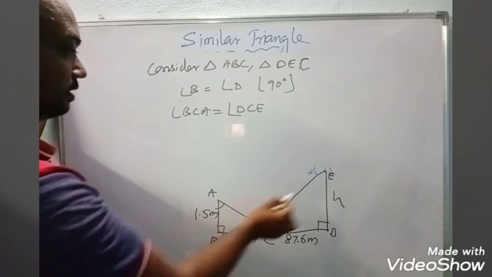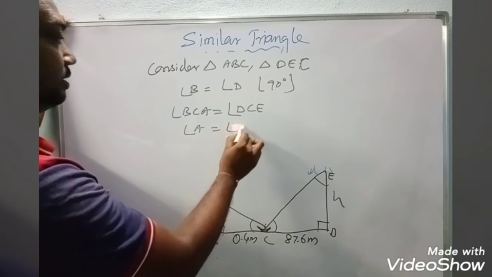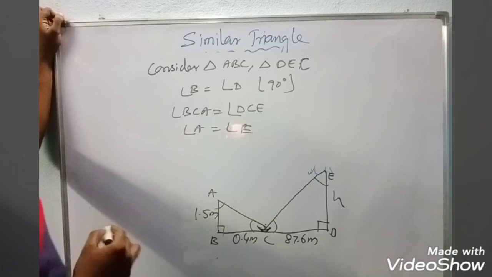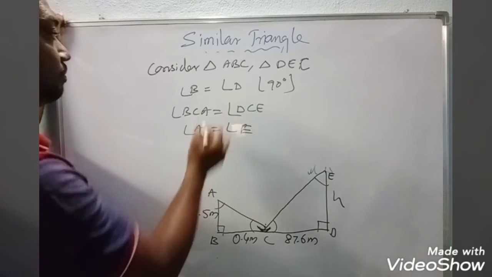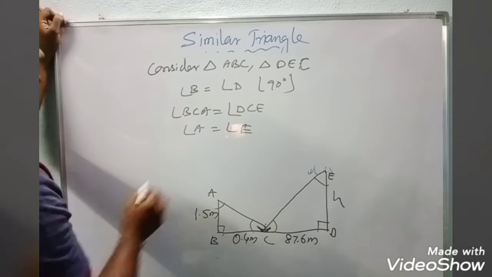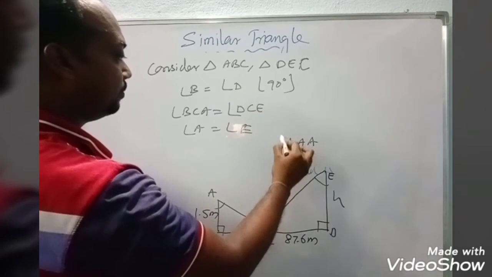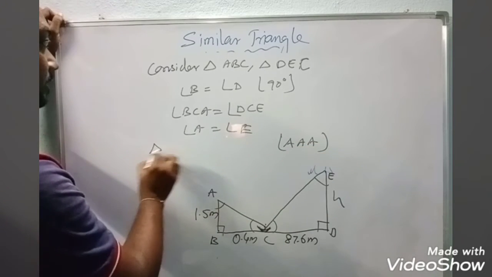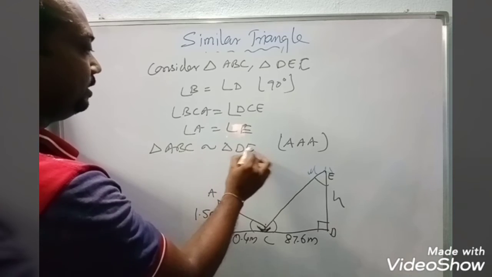Next, also we can say these two angles are equal. So here angle A is equal to angle E, angles on the same base. Next, by using which property can we say? Yes, so by using the AAA property, we can say triangle ABC is similar to triangle DEC.